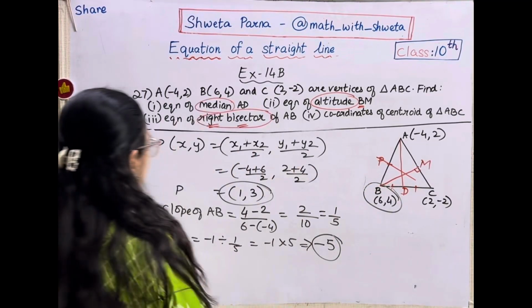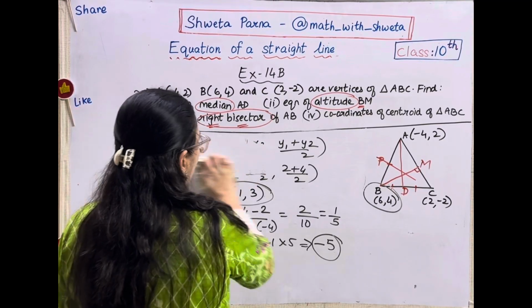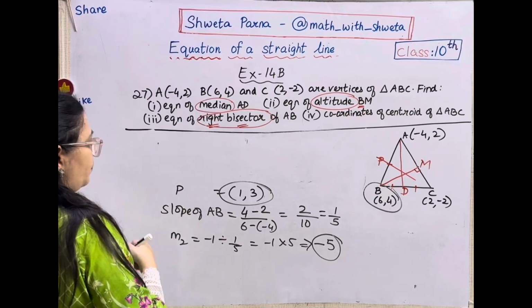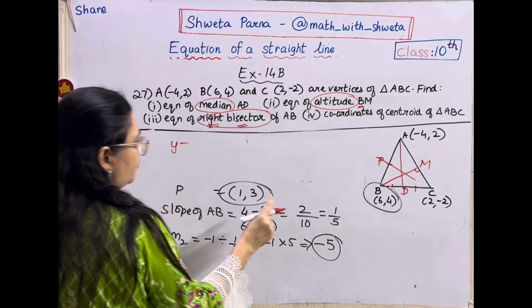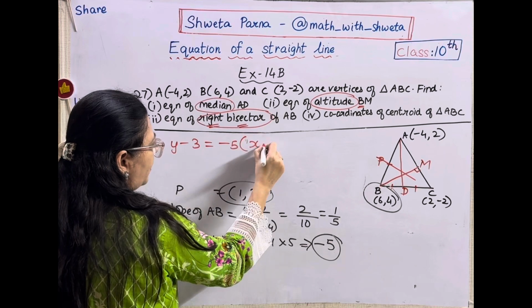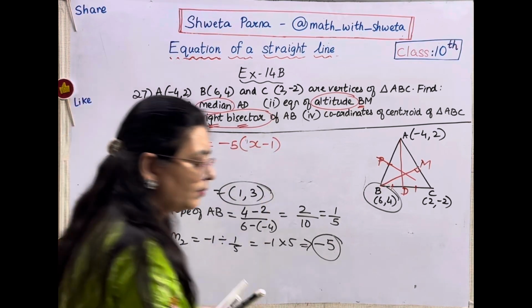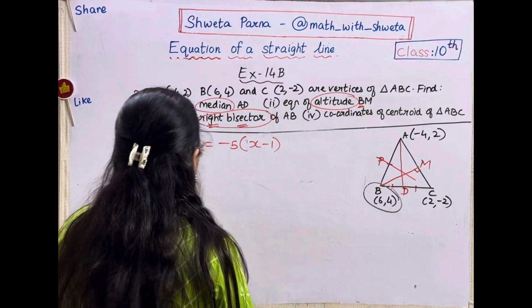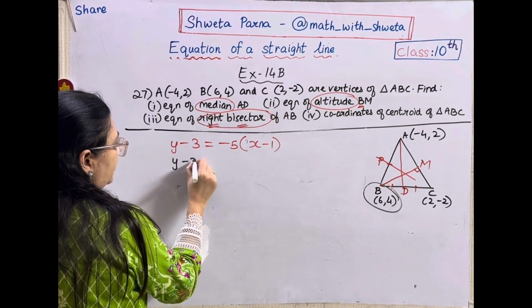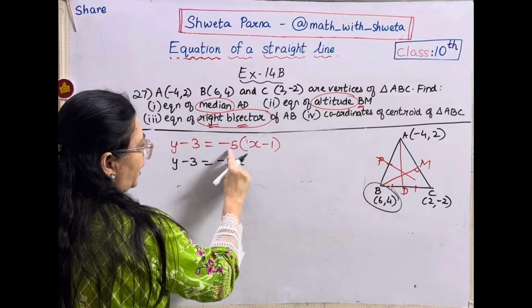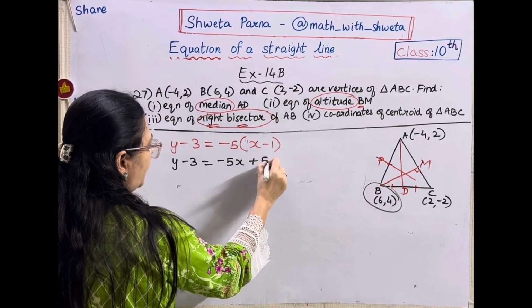Now let's find this. So P is 1, 3. y minus y1 is equal to m into x minus x1. So let's solve it. y minus 3 is equal to minus 5 into x minus 1, which is minus 5x plus 5.